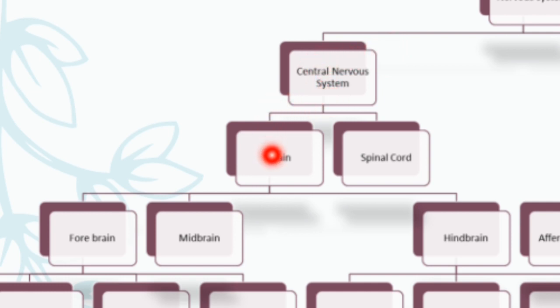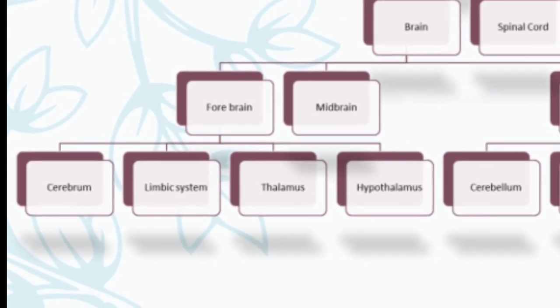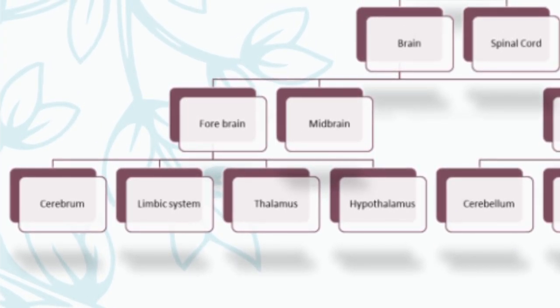And the central nervous system has two divisions, which are the brain and spinal cord. And we have discussed the brain, and we are currently discussing the forebrain. If you haven't watched that video, I have given the link in the description. You can check that video.